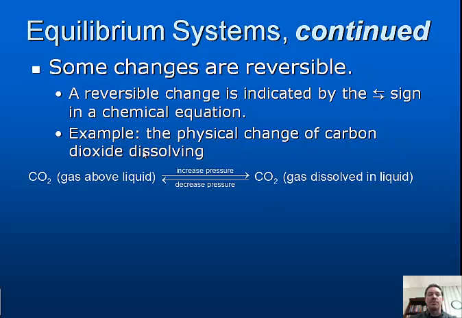So this is an example in soda. We've got the carbon dioxide that's within the soda. When you release the top by unscrewing the top, it gets released. So if we were to decrease the pressure, we can go back from gas dissolved in the liquid to gas above the liquid.